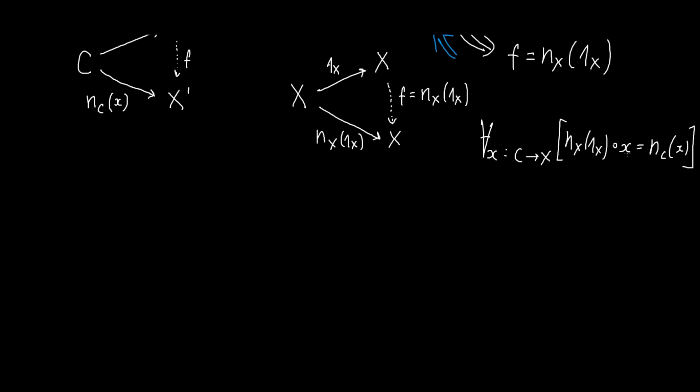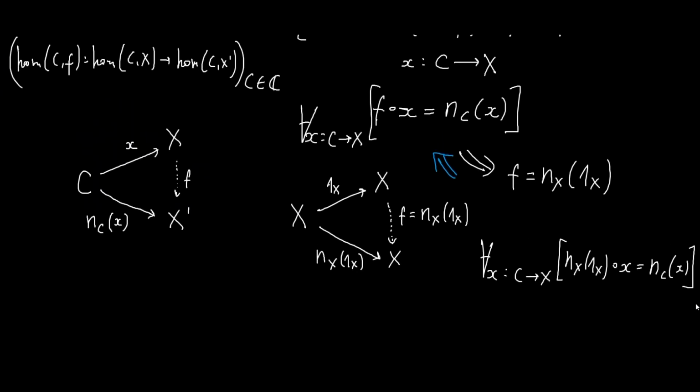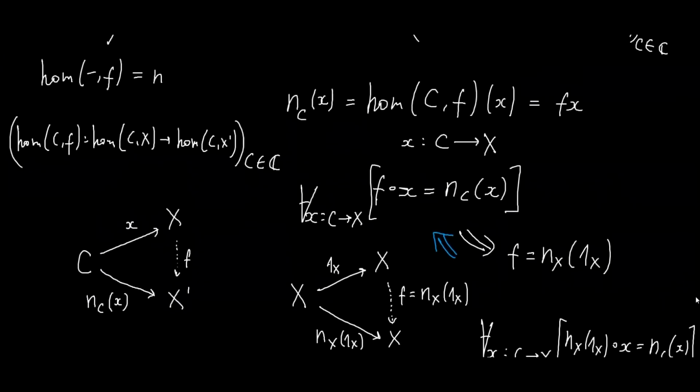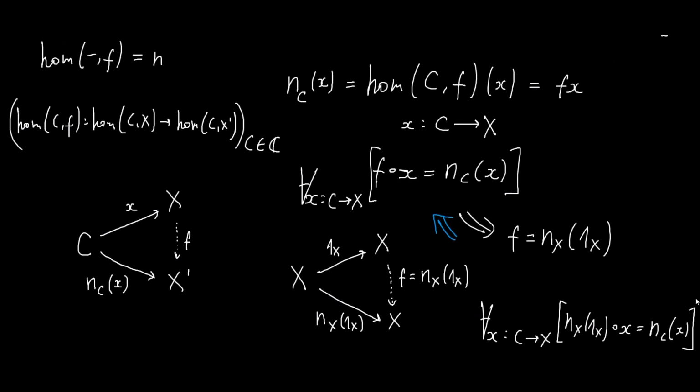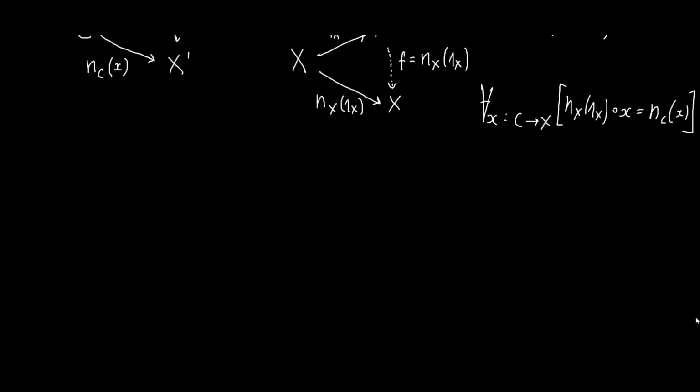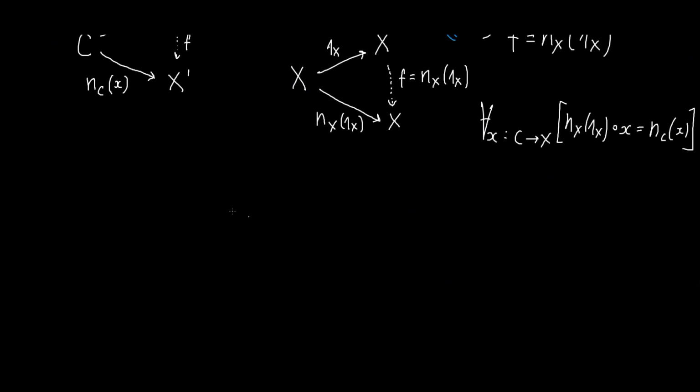Composing with X on the right side is what? It's evaluating the functor at the morphism X, right? There we go, this one. So consider this morphism.